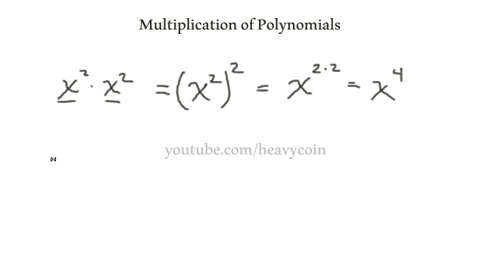So let's look at that again. If I were to have x to the third times x to the third times x to the third, let's do it one more time, times x to the third, and I wanted to rewrite this.